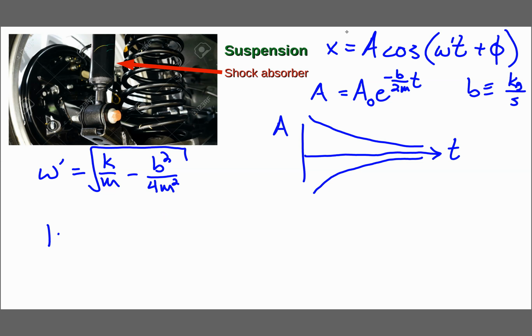And k, of course, is newtons per meter, which is kilogram per second squared. Okay, so b is some constant that describes the strength of the damping force.